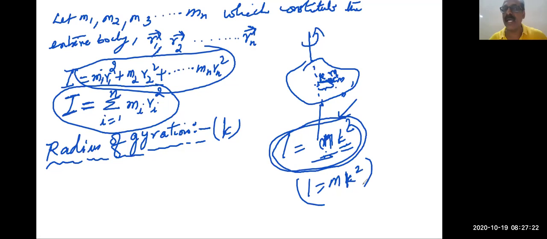With which the moment of inertia calculated, the moment of inertia of the body is calculated as the sum of the moment of inertia of the individual particles, see m1 r1 squared, m2 r2 squared, m3 r3 squared, like that.